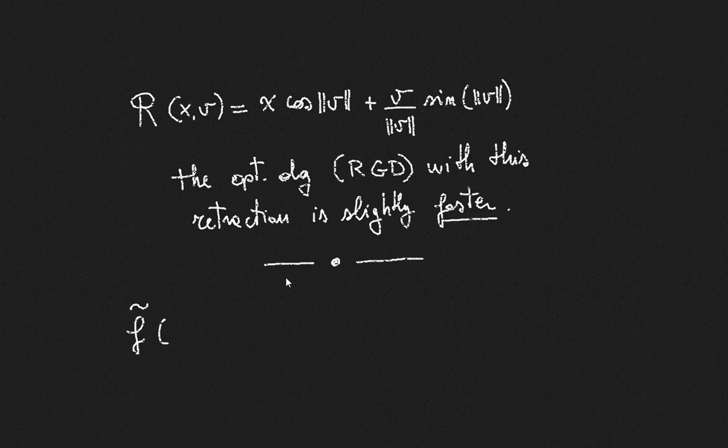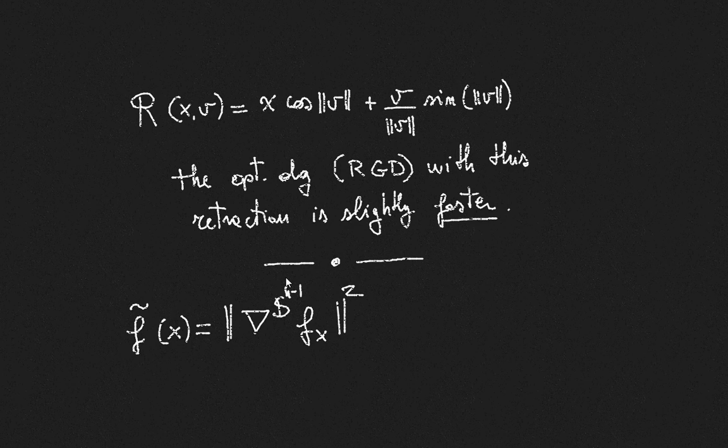You can define the function f tilde of x, which is the square norm of the gradient. Now, every critical point is a minimum for this function.